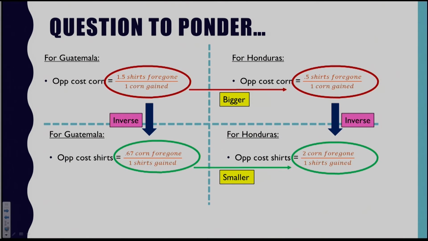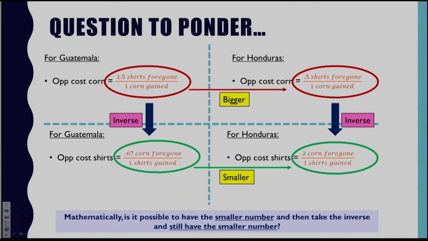So technically, you really only need to calculate one set of opportunity cost numbers, unless you're going to need them for something else, and we will for other parts of the problem. But this is another way for you to check your work. So mathematically, is it possible to have the smaller number and then take the inverse and still have the smaller number? It's not, right?